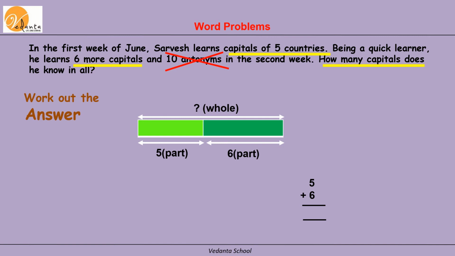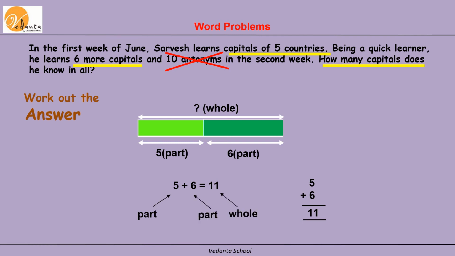What is 5 plus 6? Mental addition you should all know. 5 plus 5 is 10. So 5 plus 6 is 1 more than 10 because 6 is 1 more than 5. So 5 plus 6 you all very well know is 11. So this is how you will be working out the answer. 5 plus 6 is 11. 5 is a part. 6 is a part.